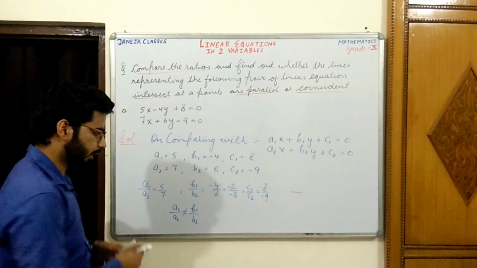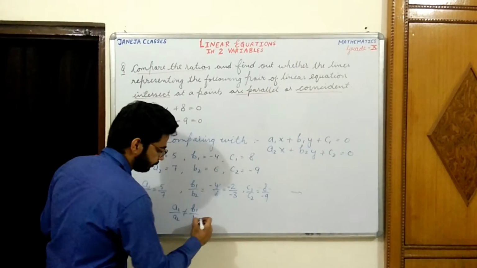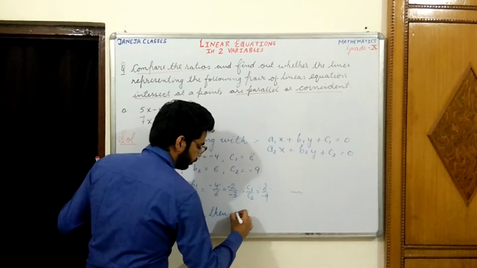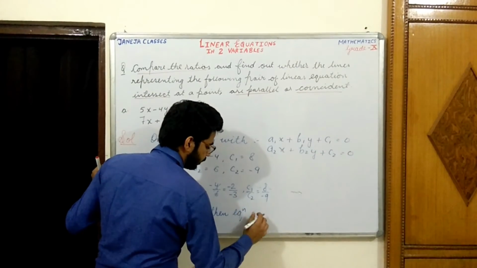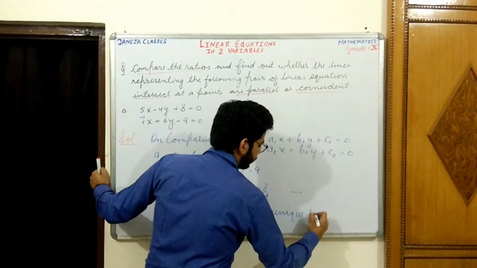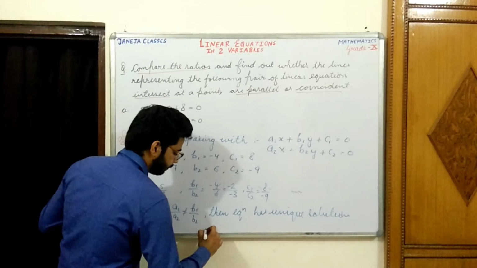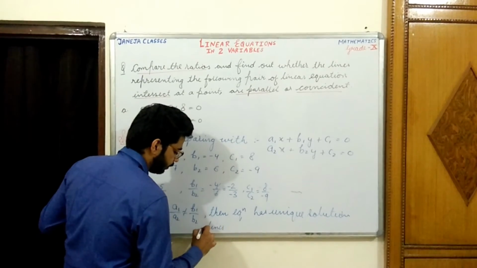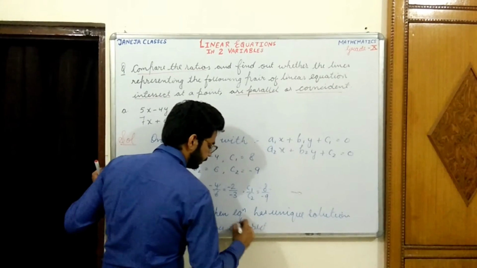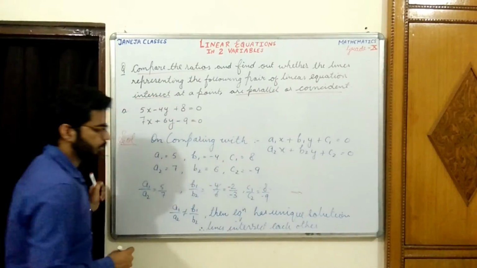So if a1 upon a2 is not equal to b1 upon b2, then the equation has a unique solution, and in the unique solution the lines intersect each other. So this is the solution.